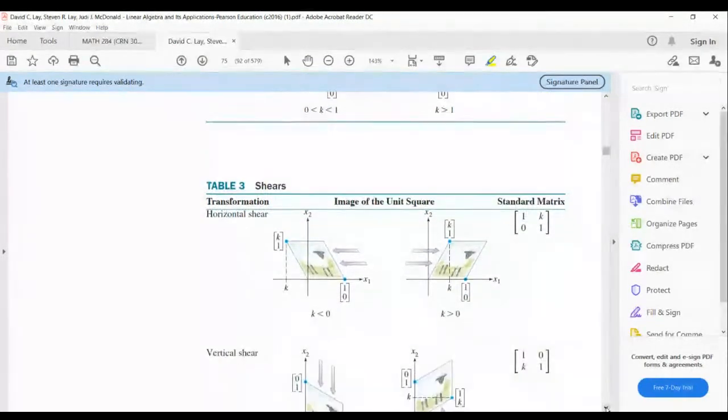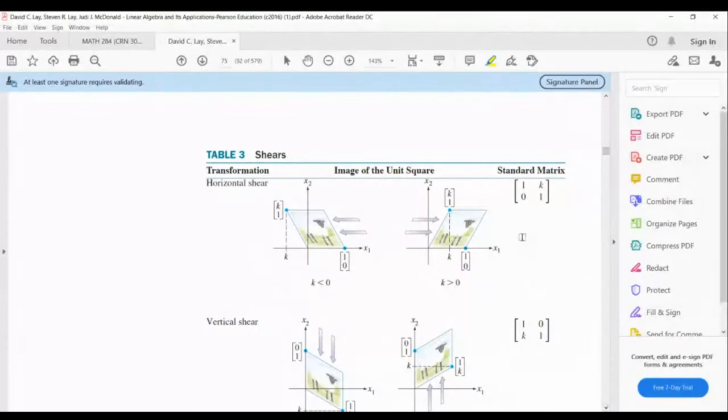And then you have shear transformations. So for instance, if you wanted to do a horizontal shear, if you wanted your sheep to be shifted to the left, well, what happens is the vector 0, 1 gets moved to, I want to say, the vector with components K, 1.